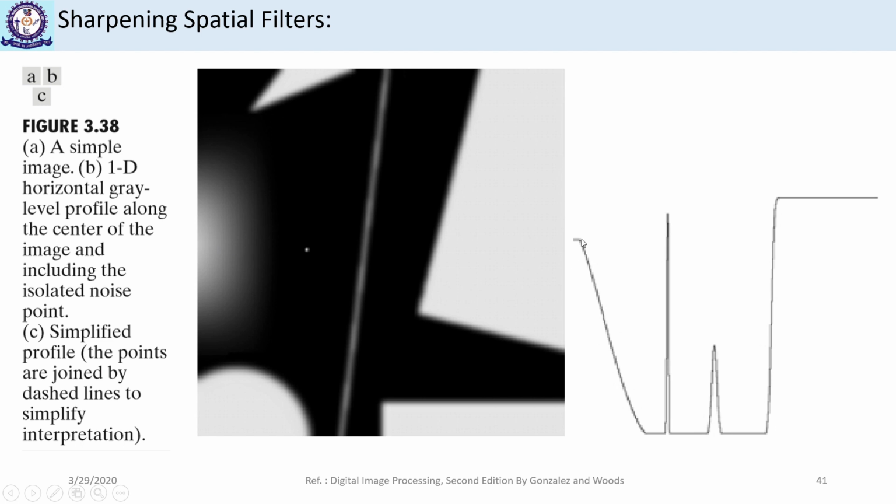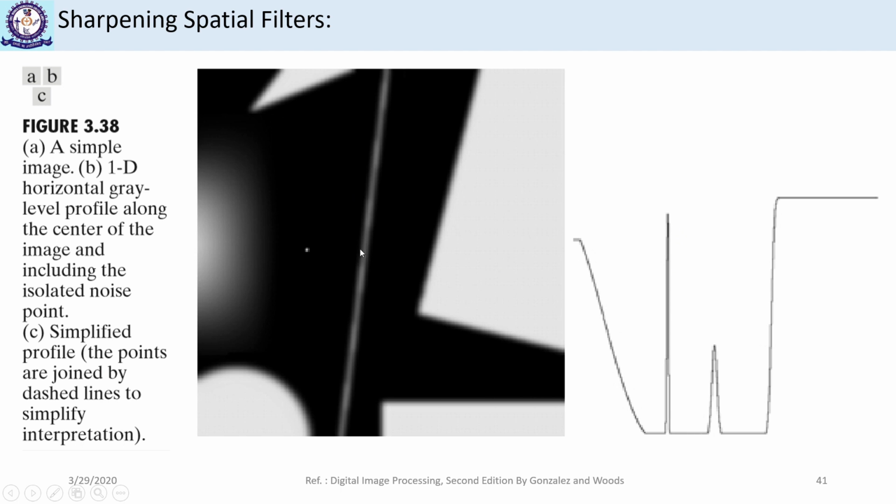This curve is decreasing, then it becomes totally zero here. Then we get a pixel which has a brighter intensity, quite brighter than the black. Here the intensity goes high and then comes back. Then again we have black here.